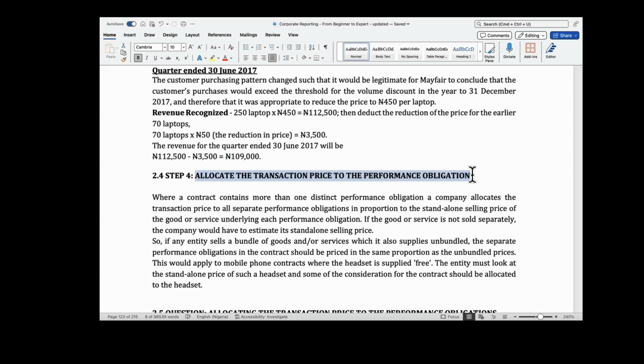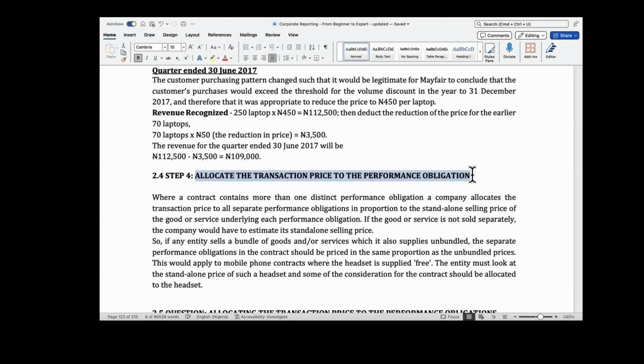Usually, when we have contracts with different promised goods or services, most contracts will have known how much we are charging, how much the customer will pay for each of those goods or services. For those ones, there's no stress. This step 4 is not necessary, because we already know how much we are charging for each good or service.